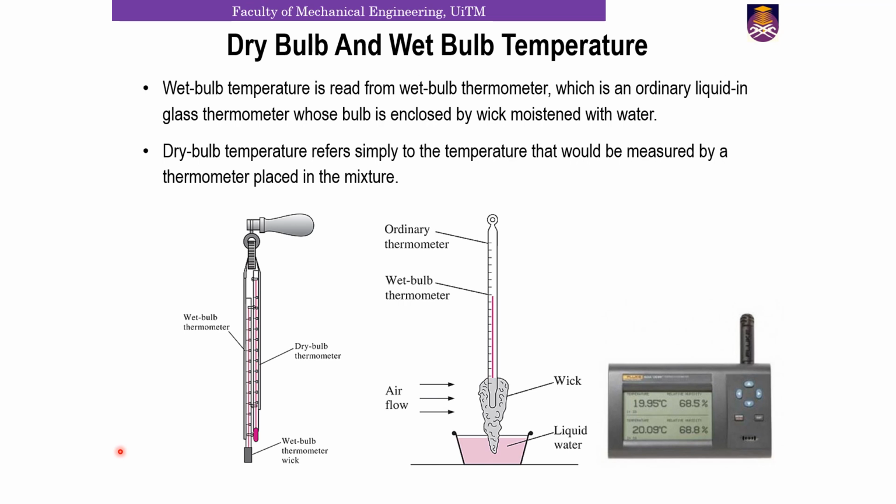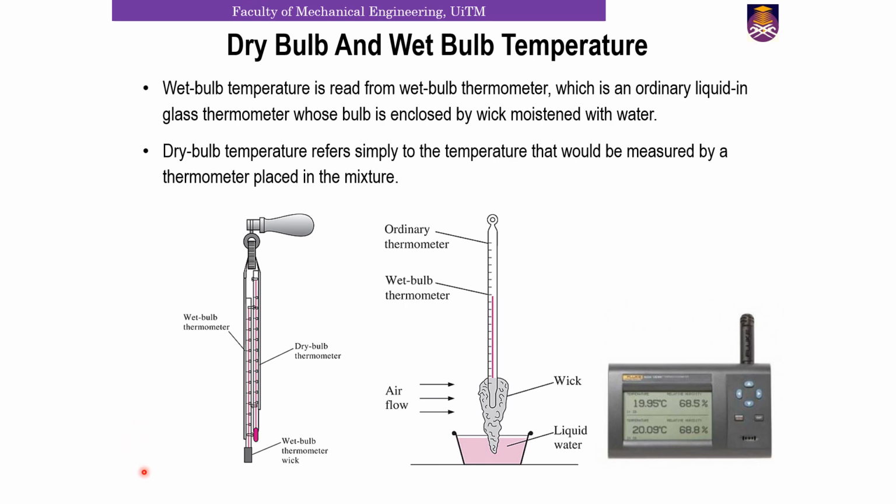This thermometer will read the temperature of the surrounding air as it is. The temperature of the surrounding air will be shown here. Now the temperature of the other thermometer will be lower than the temperature of the dry bulb thermometer. You call this the dry bulb thermometer because there's nothing covering it, it is dry.